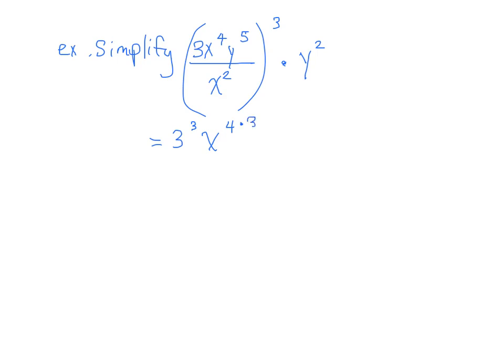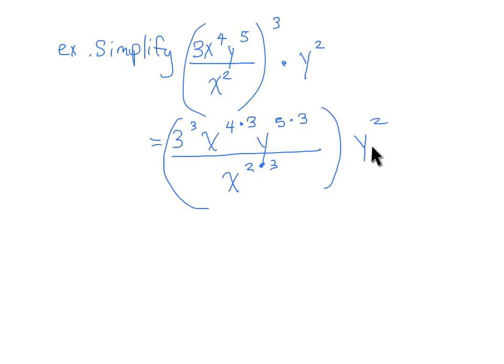So we can just multiply, if you remember that rule we just went over. Times y to the fifth to the third power. And again, we can just multiply over x squared to the third power, and all of this gets multiplied by y squared. That lonely y squared off to the side just stays right there.